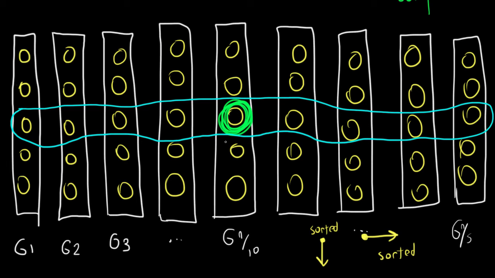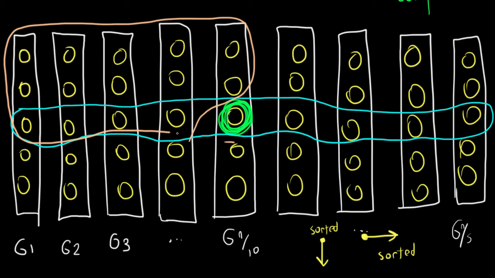I told you this is getting messy. It's going to mean that all of these values over here that I'm circling, all these values are smaller than the median of the median.